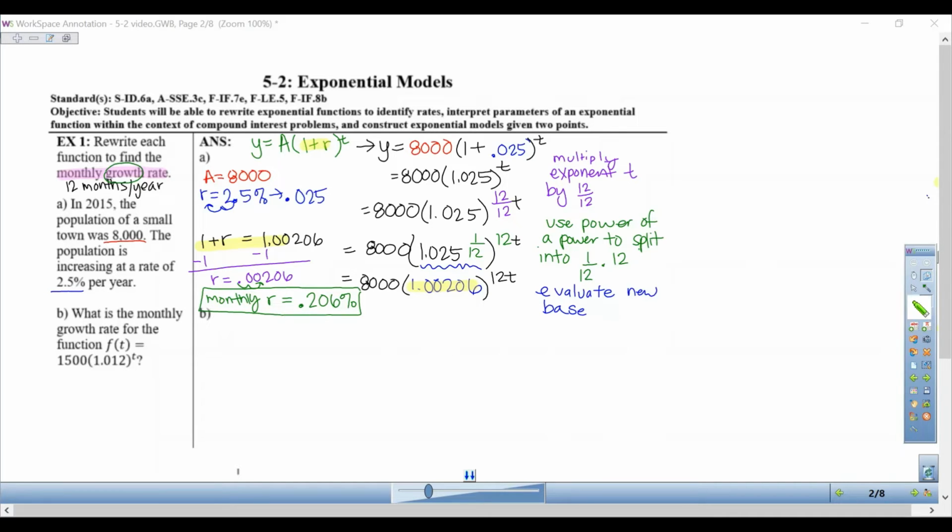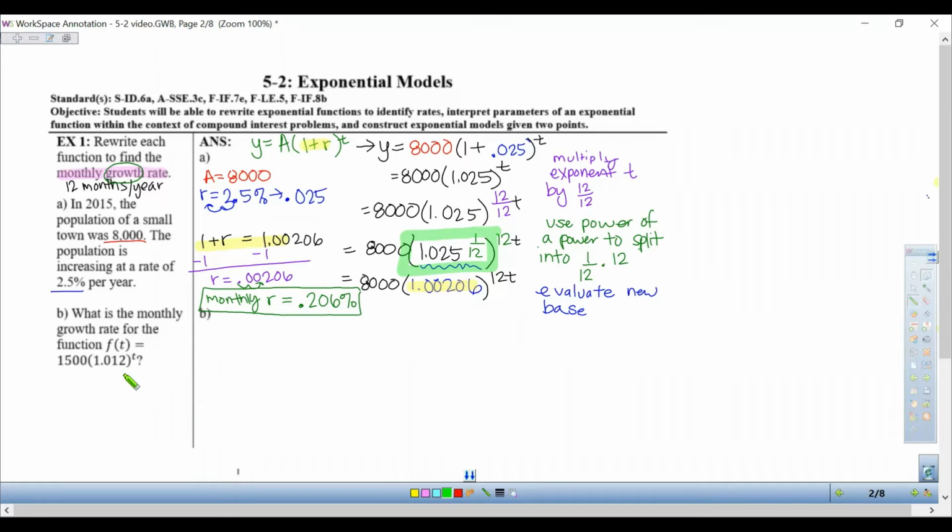So all that I really need to get that is this piece of that equation. And so if I know that this is the process to write a new equation where t is in months, then I can just take this piece and use that idea to find my monthly growth rate if I'm given an annual rate.